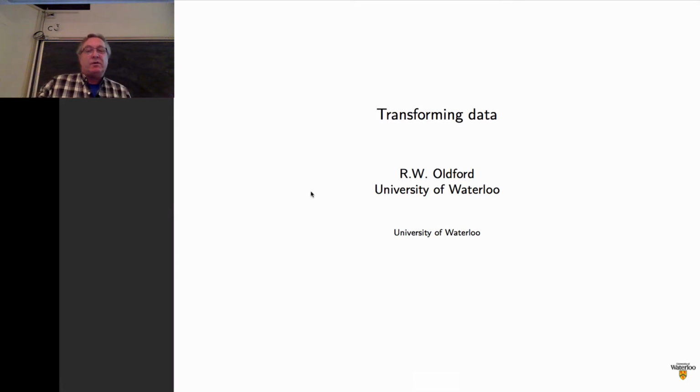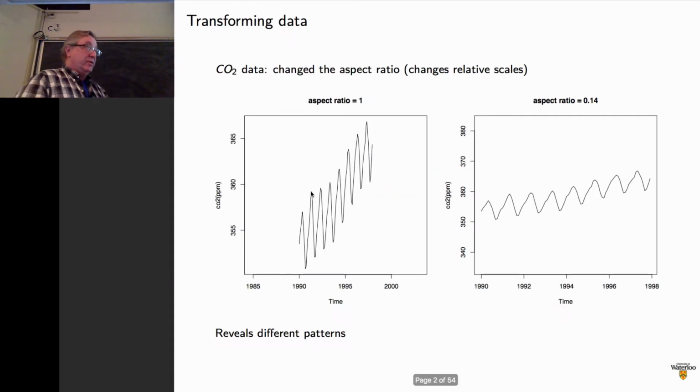Okay, today I want to talk about, again, we're looking at two-dimensional data and think about how we might transform that data, and how we have in fact already used some transformations. One thing that we used a few times is changing the aspect ratio, and that allowed us to see different patterns.